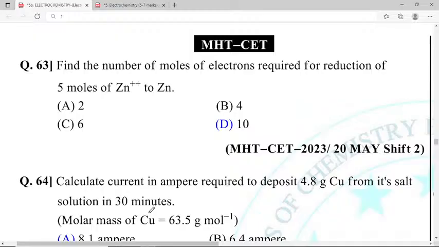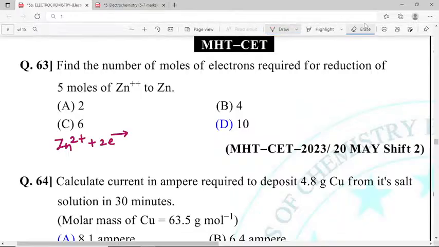Find the number of moles of electrons required to produce 5 mole zinc. Same question here. Zn2 plus plus 2 electrons gives Zn. So this is 1 mole, 1 mole zinc requires 2 mole electrons.